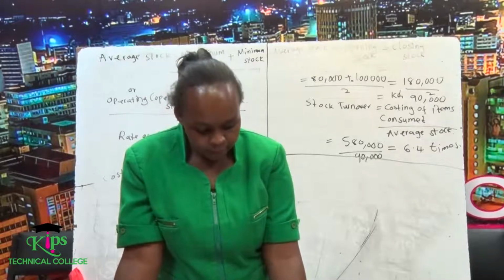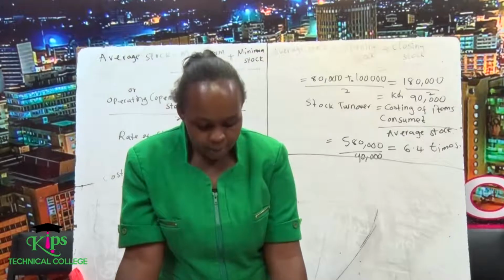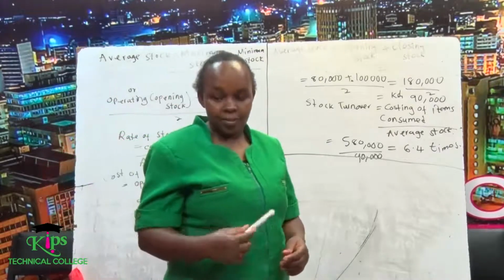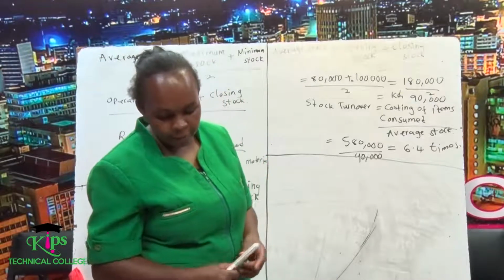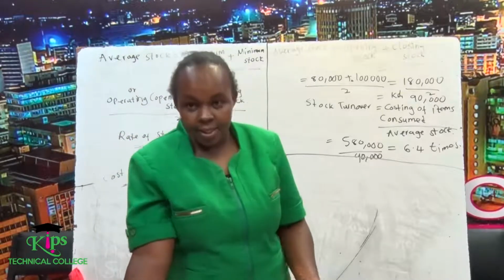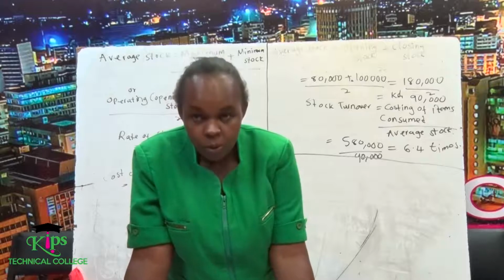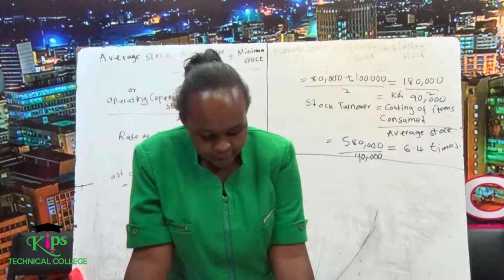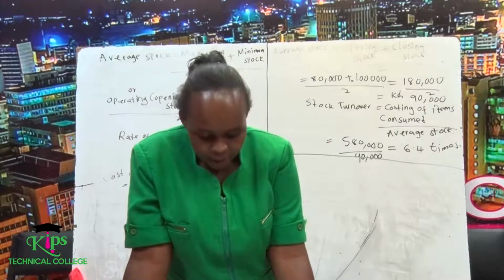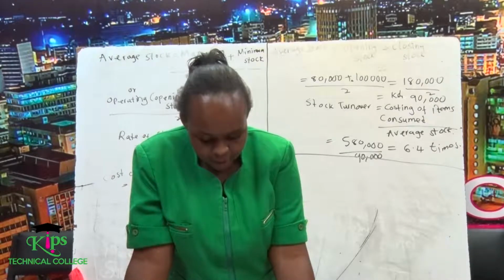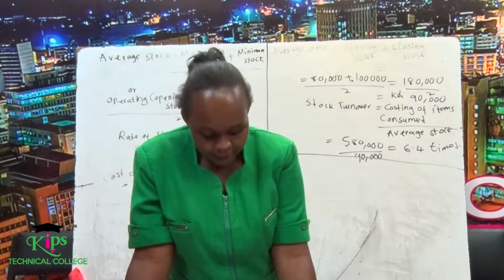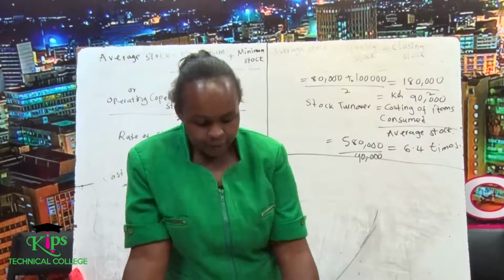Purchases between 1st January 2007 and 31st January 2007 was cash 600,000. Closing stock on 31st January 2007 was cash 100,000. Now you are told to calculate the rate of stock turnover.